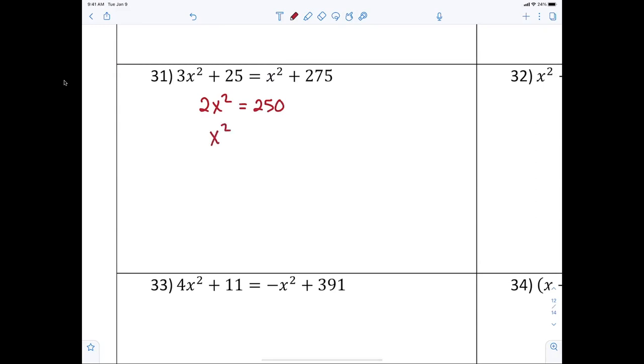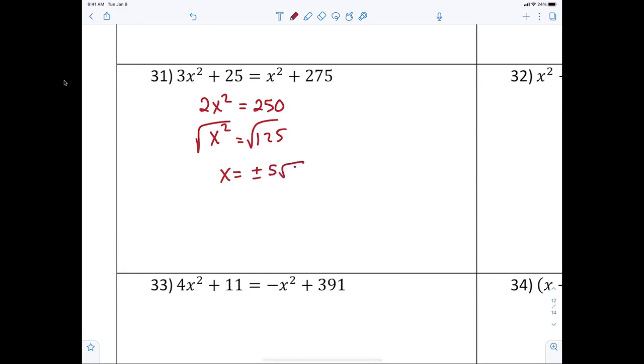So x squared equals 125. And of course, we take the square root. And so we know that x is equal to what? Somebody help him. Say it. Plus or minus 5 radical 5. That's exactly what I need out of everybody.